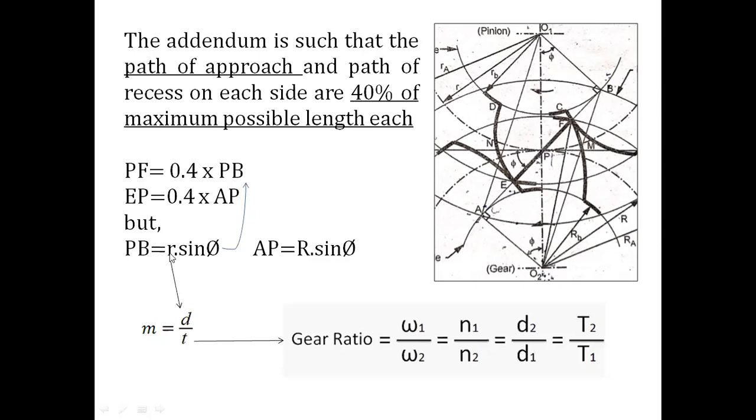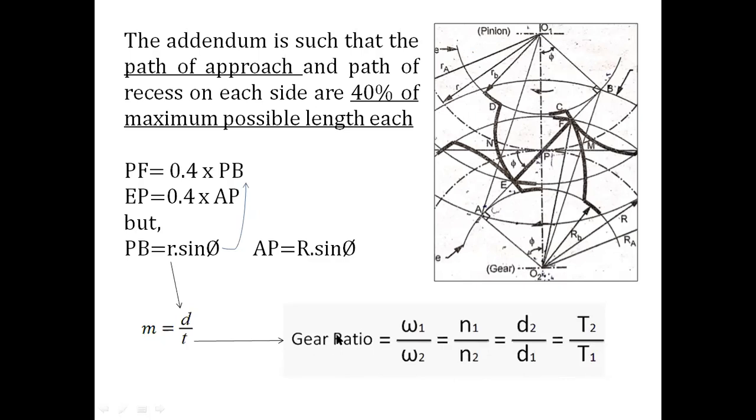Okay, so these we can find by the module formula, d by t. So m we know, but t is unknown. Two unknowns here: d is unknown, t is unknown. So to find t, the gear ratio is given as 2.5. Okay, what is gear ratio? Speed of driver to the speed of driven, or diameter of driven wheel to the diameter of driver wheel, or gear ratio is equal to number of teeth on driven wheel to the number of teeth on driver wheel.